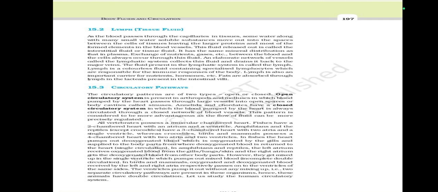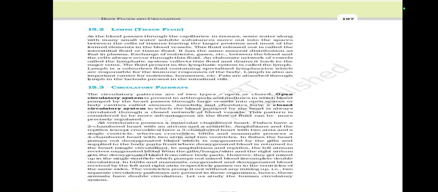Incomplete double circulation in birds and mammals. Oxygenated and deoxygenated blood received by the left and right atria respectively passes on to the ventricles of the same sides. The ventricles pump it out without any mixing up.